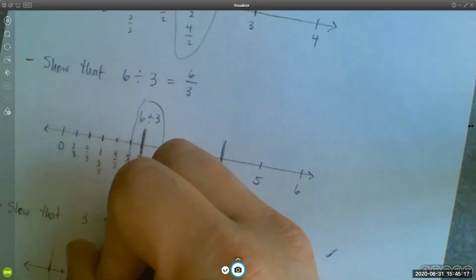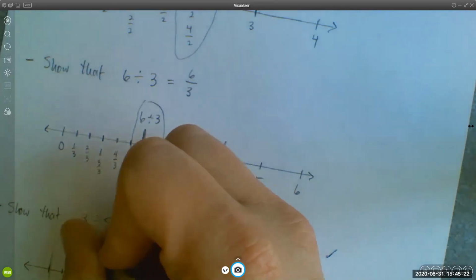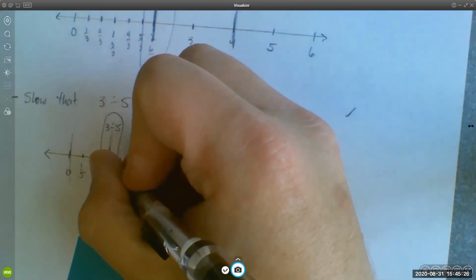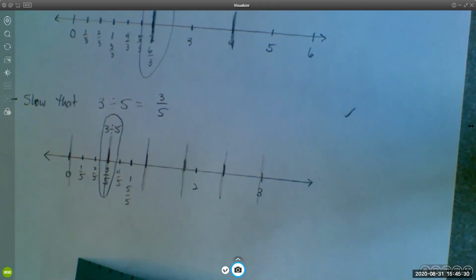All right. So sure enough, 3 divided by 5 is the same thing as 3/5. So there you go. 3 divided by 5 is the same thing as 3/5.